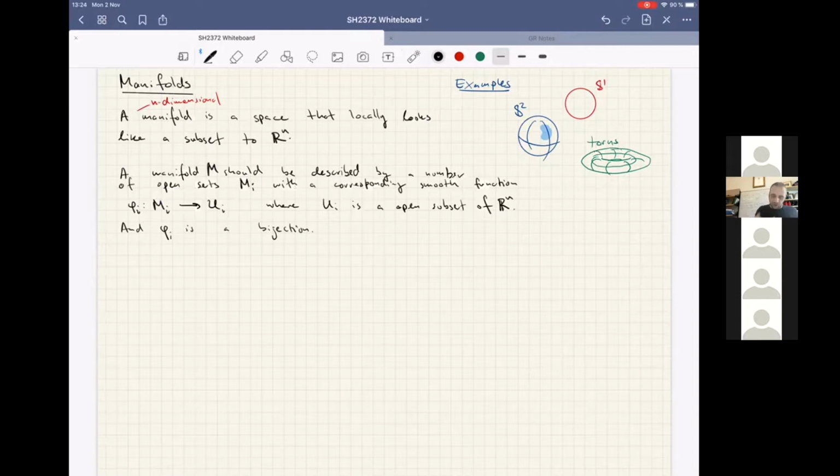So a construction like this is called a chart. It's not difficult to understand where this nomenclature comes from. A chart, if you look in a book of maps, that's essentially a chart, right?